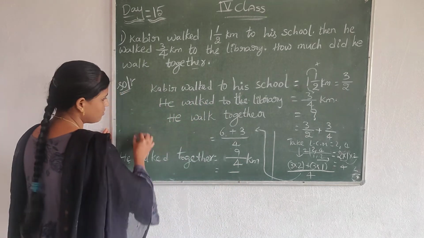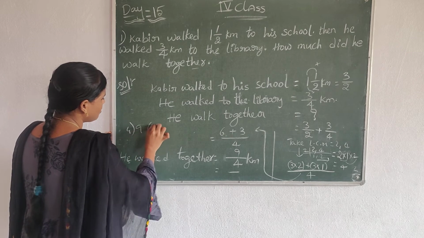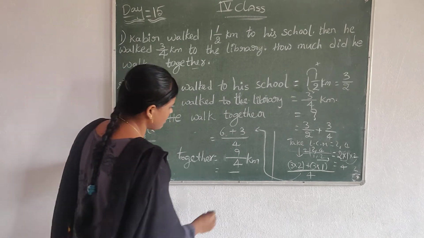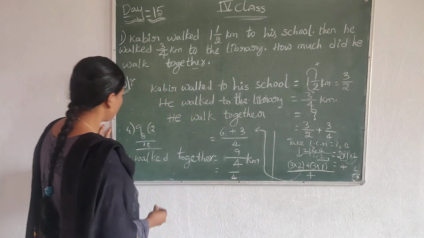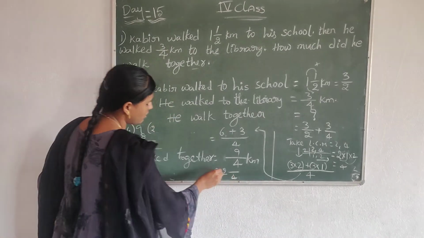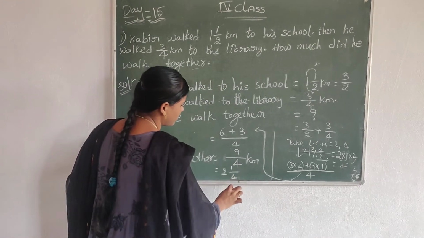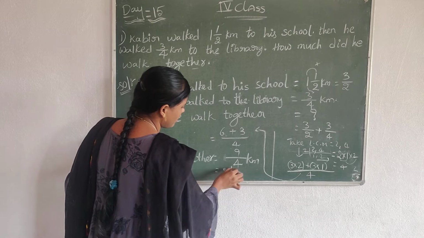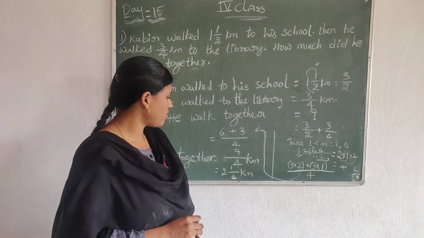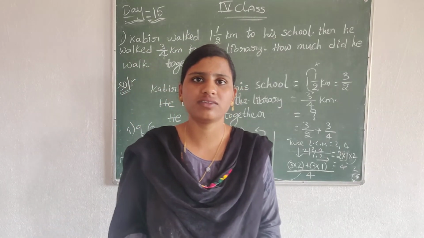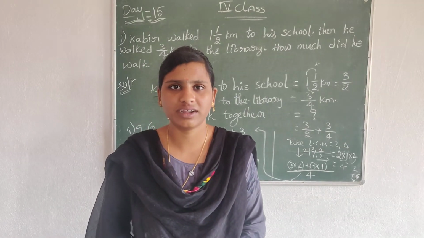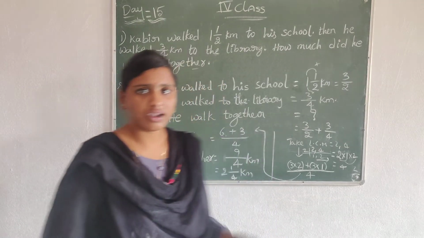Divide 9 by 4. 4 twos are 8, remainder 1. Take 4 in the denominator place. Write the quotient in the whole number. Write the remainder in the numerator. 4 twos are 8, 8 plus 1 is 9. So the total distance is 2 1 by 4 kilometers. 2 kilometers and 1 by 4 kilometer. He walked 2 1 by 4 kilometers. Okay? Understood, children?